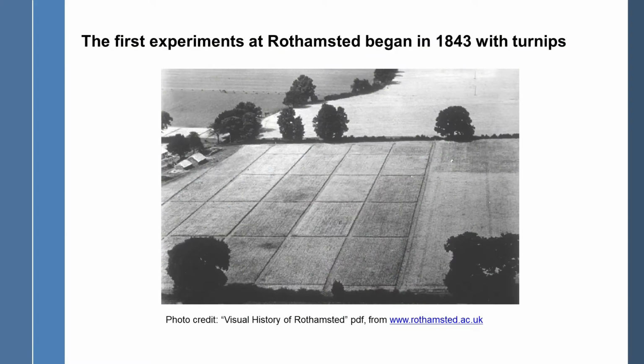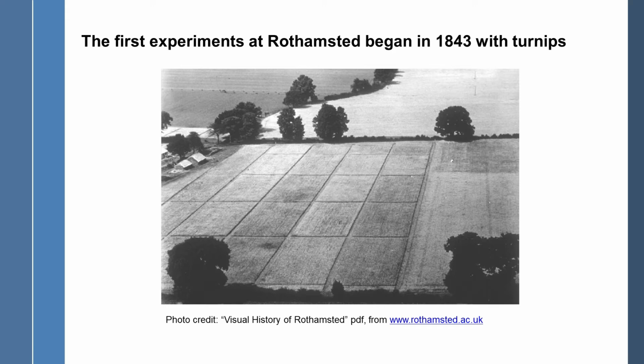The first experiments at Rothamsted began in 1843 with turnips, and this particular photograph is taken from the Rothamsted webpage. They have some visual history material there. It's really rather fascinating to read through.